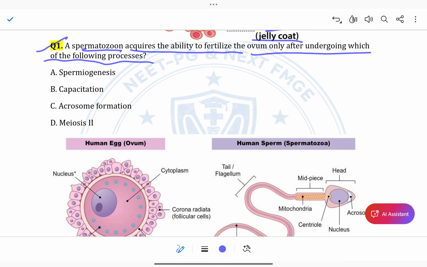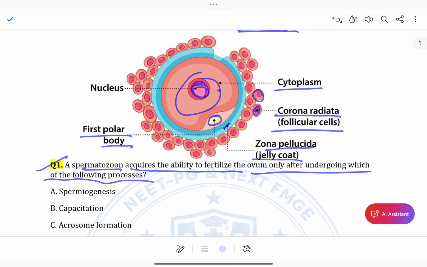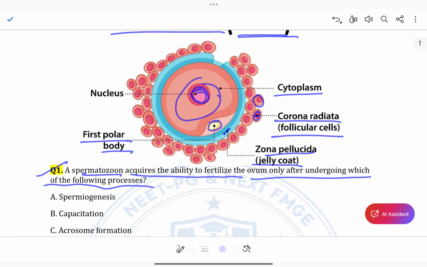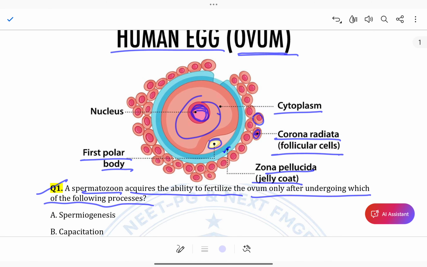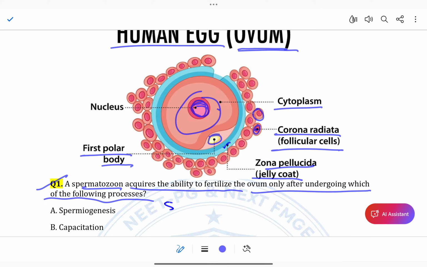First of all, I will make it clear, or maybe you are not willing to ask me, what is the difference between a spermatozoon and spermatozoa? First of all, you should understand it, because it is given in our question.